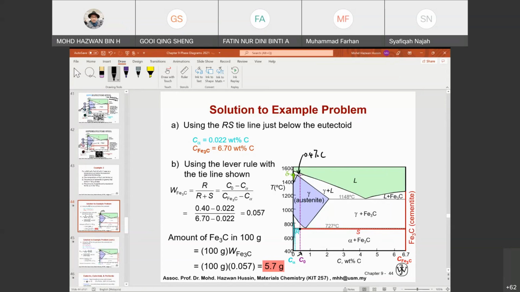So where is the eutectoid temperature? The eutectoid temperature is over here, 727, not 1148. This one is the eutectic temperature. This one is the eutectoid temperature. Okay, so just below, maybe around 726 or 720, for example.